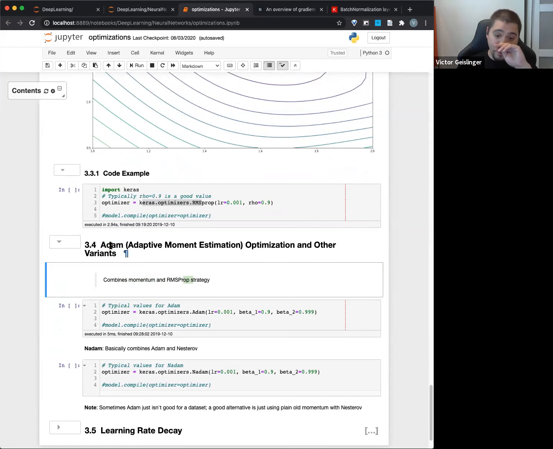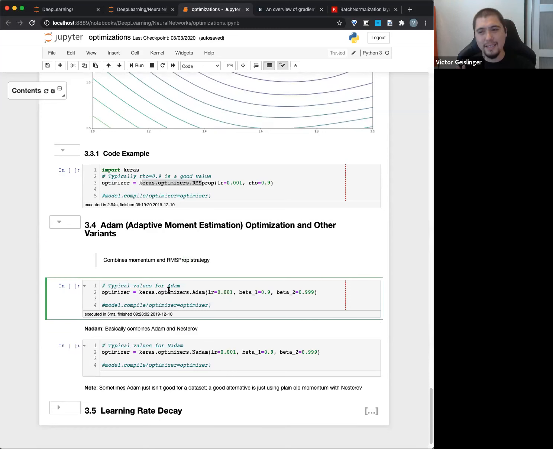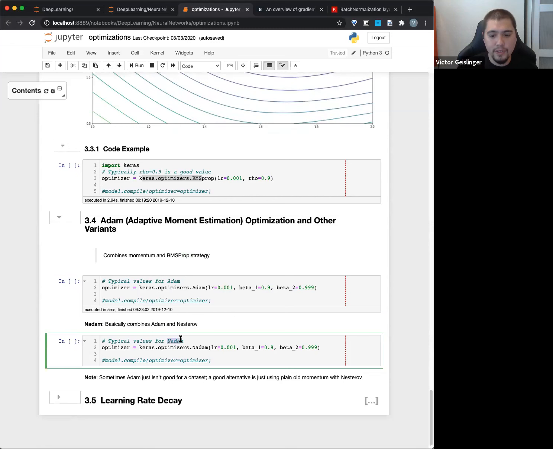So Adam is pretty good for most data sets. Sometimes you might come across problems where it just doesn't do very well. It turns out for those problems, if you use Nesterov, so Adam with Nesterov momentum, it tends to work perfectly fine.